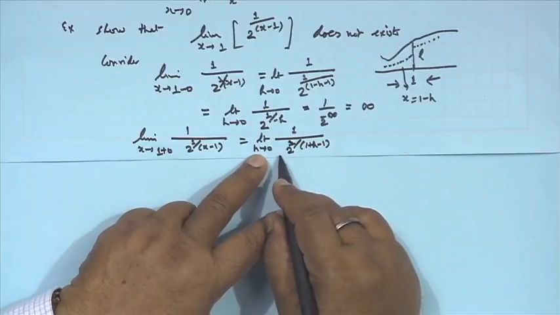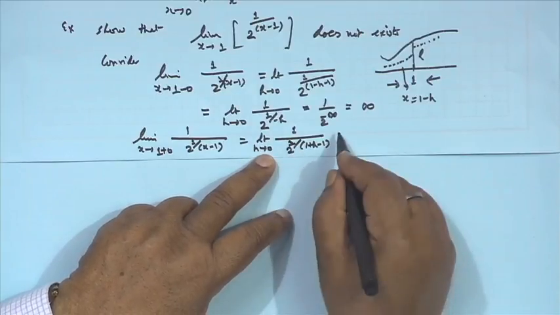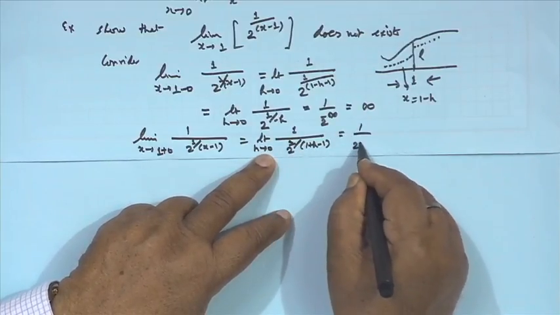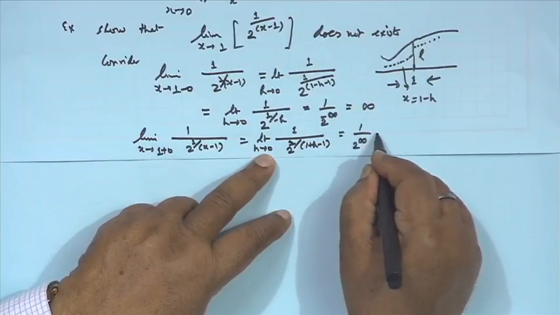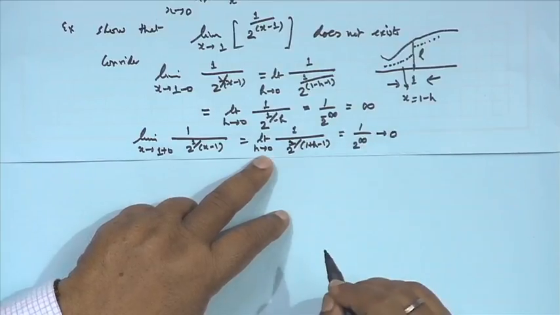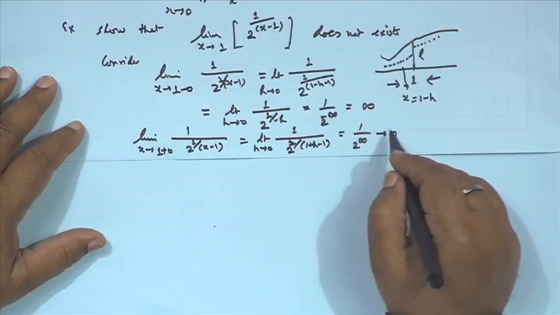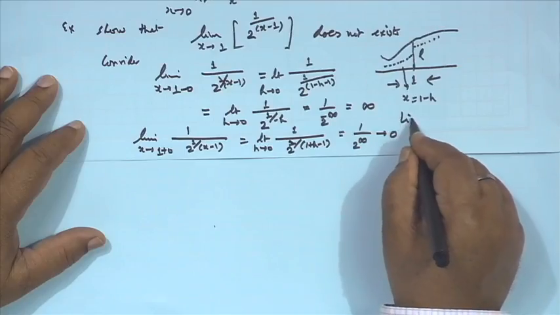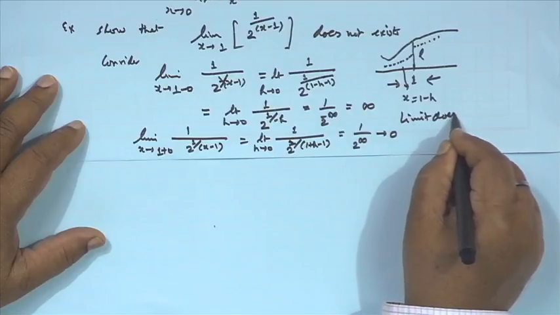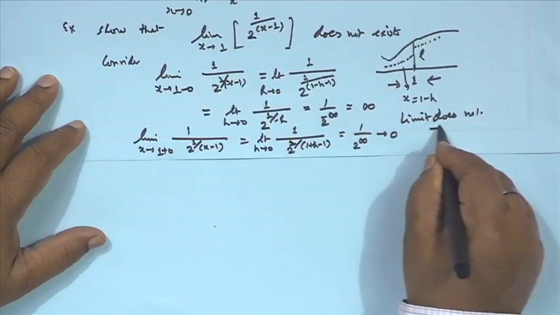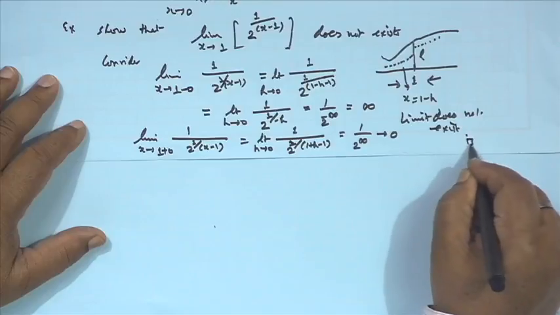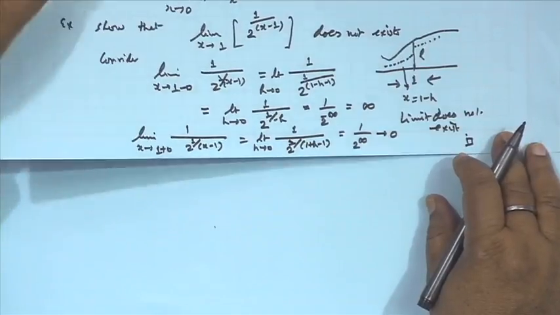So, 1 gets cancelled, and as h tends to 0, it is 2 to the power infinity, and this will go to 0. So, one side it is tending to 0, the other side it is going to infinity. Therefore, the limit does not exist. So, that is what the limit is. Clear?